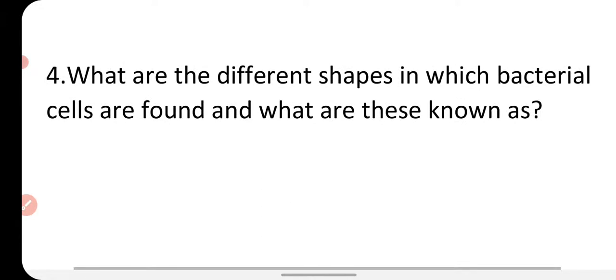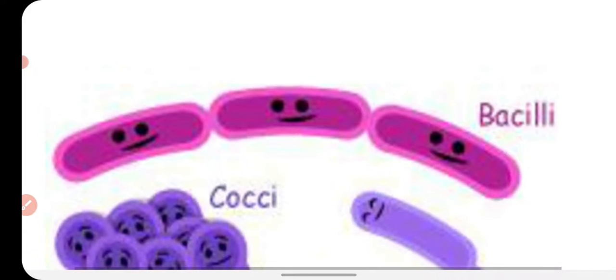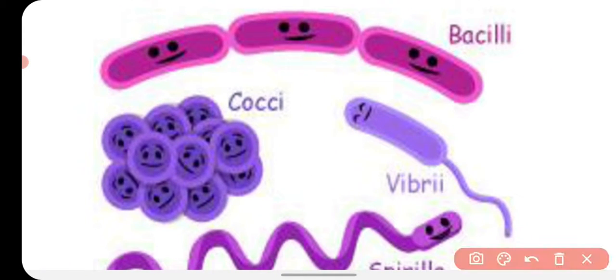Next is, what are the different shapes in which bacterial cells are found and what are these known as? The bacterial cells can be found in different shapes. So the main basic shapes are here. The first is bacilli, which are rod shaped.